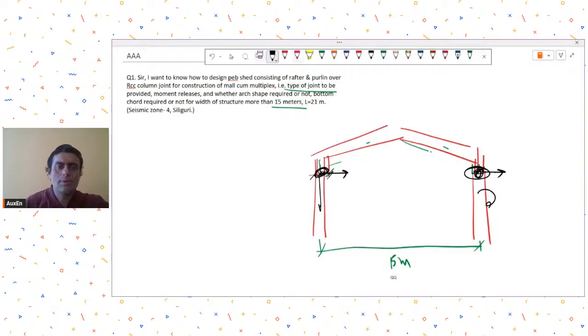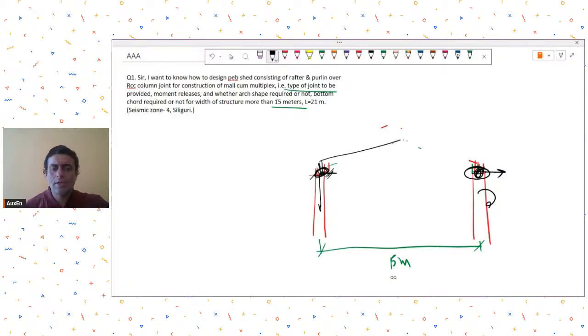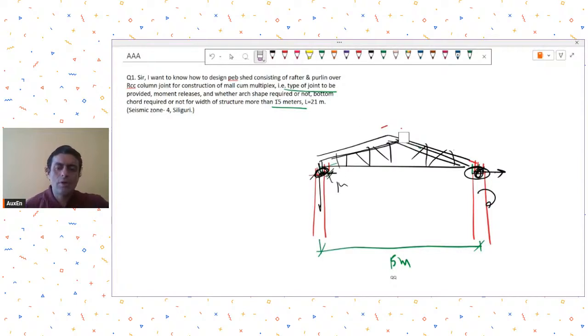That is also possible. If you are going with a truss system, you may usually prefer a pin roller support arrangement, so that the internal stresses in the truss are not very high. And if you are going with an arch, again you may go with a pin arch, but then that pin arch will create thrust.